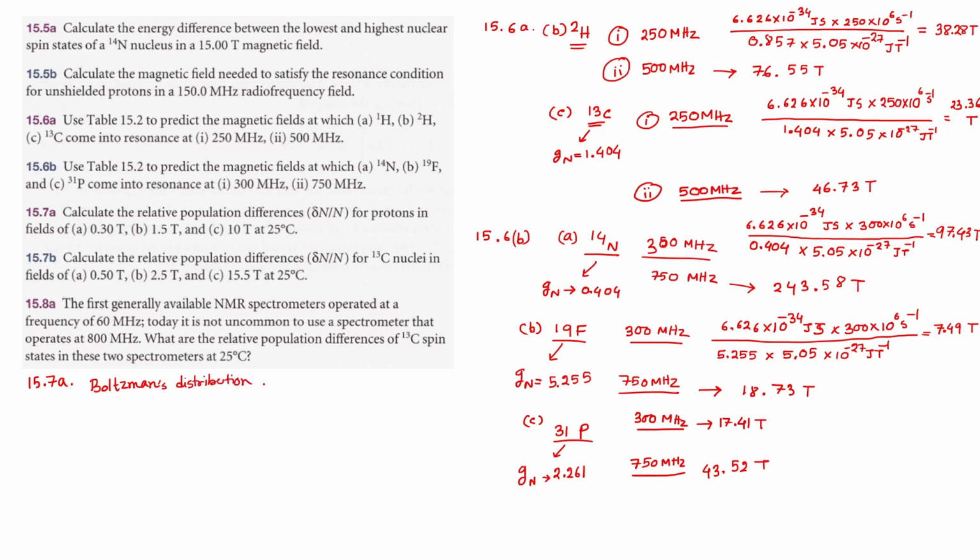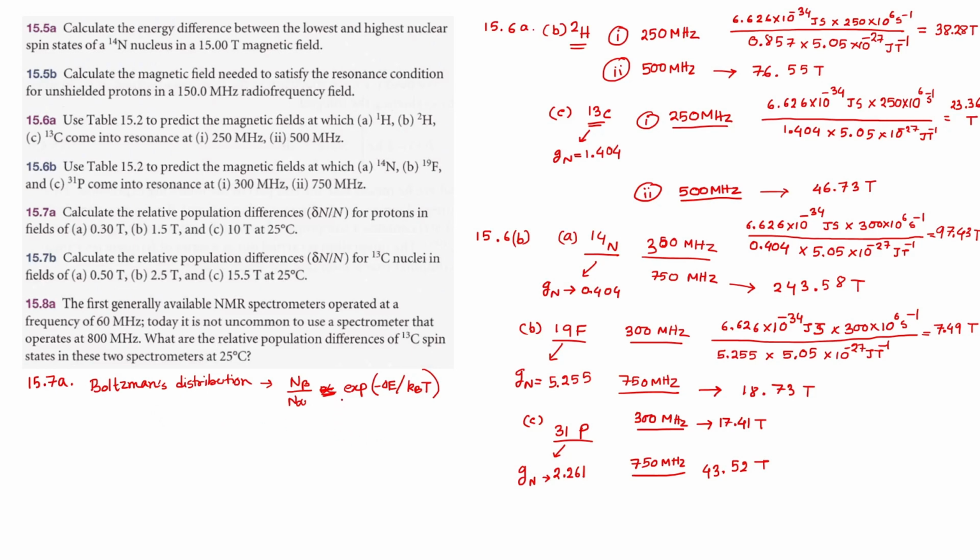Function. So that is your n beta by n alpha, because beta will have higher energy. It will be dependent on exponential, or you can say equals to e to the minus delta E by kBT. Now you can see here the delta is very less.